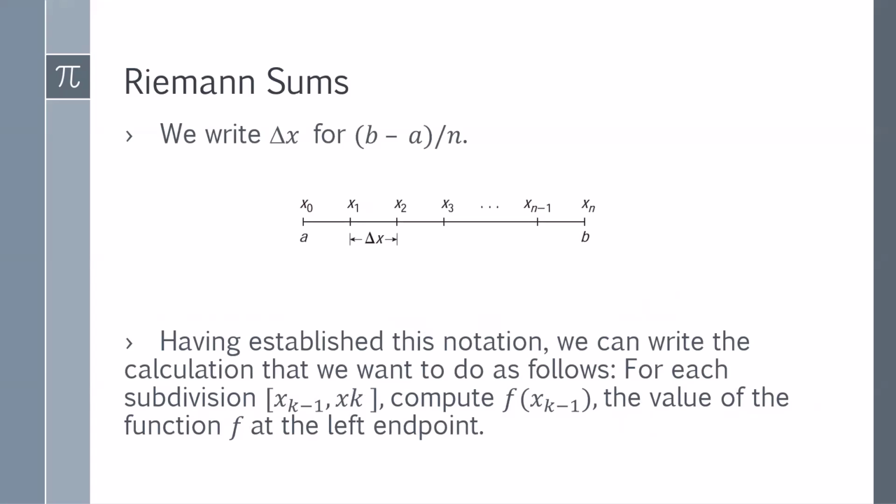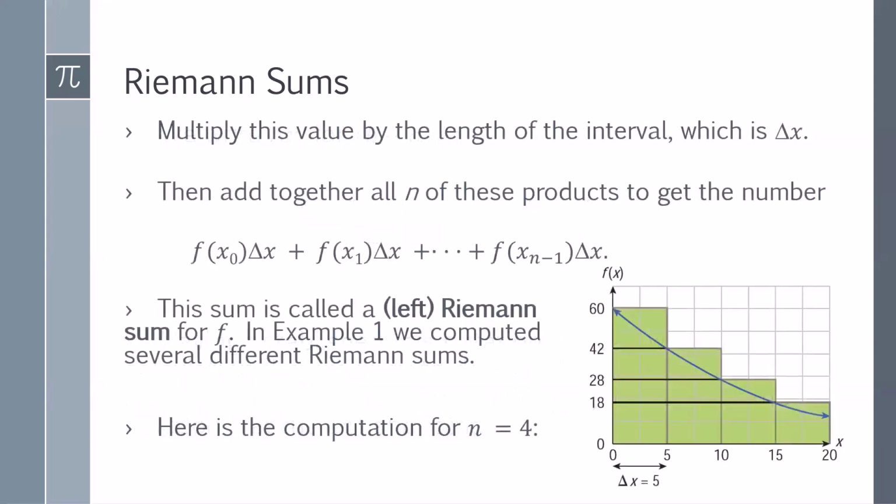So what we want to do is for every subdivision, we want to compute f of x sub k minus 1. So that's the value of our function f at the left endpoint for each subdivision. So this will be the height value for our box.